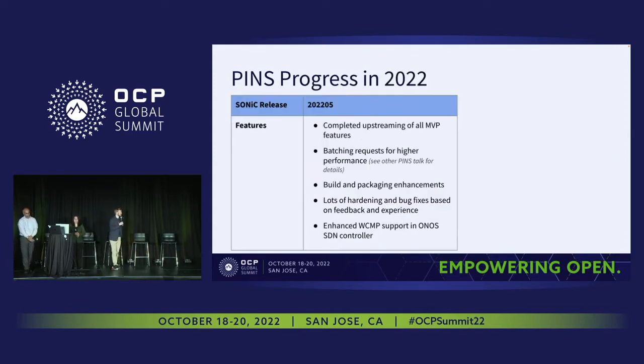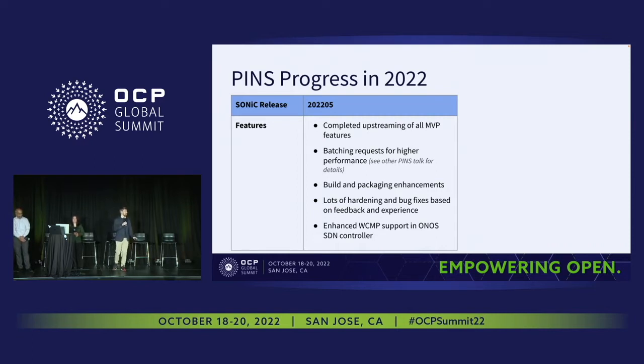So what have we been doing since then? The next release of SONiC was the May 2022 release, 202205. And in that release, we completed upstreaming of all our MVP features. There were a few PRs that didn't quite make it in time, so we made sure to get those in early. We implemented batching, and there was a talk on Tuesday that went into more details on this, but this improved the performance for moving through orchagent.